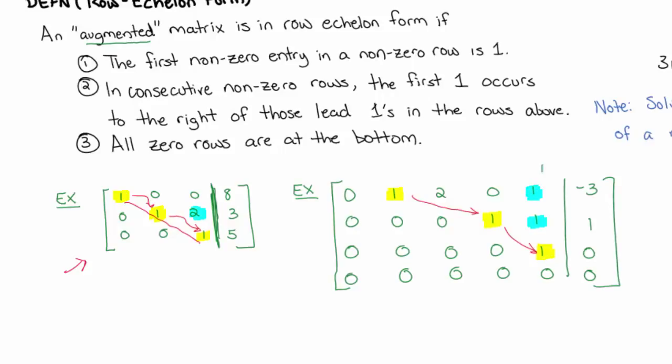I'm not going to highlight the other 2, but I'm at least going to highlight the 1 and the 1. And the reason why I'm not highlighting the 2 is because that is not important for us. What is important is wherever we have a 1, whatever column you have a lead 1, you want to make sure that every other element in that column, if you're going to put it in reduced row echelon form, must be 0. So let me go ahead and write that down, and then I'll discuss it again.